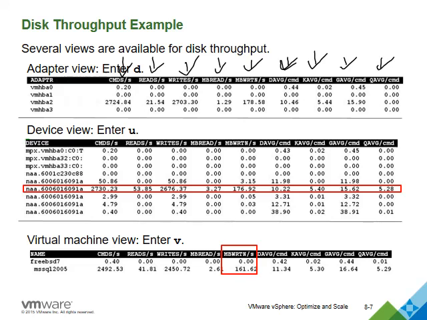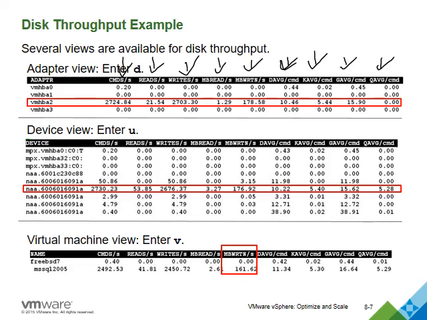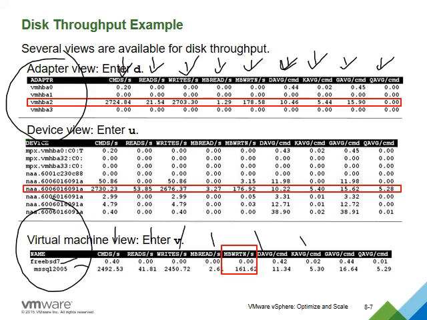Now, if you want to look at the view by virtual machine, you can just type V. Remember, we hit D to get this view. When we type V for virtual machine, we'll get this view, and it shows us the virtual machines, and then we have their metrics here.